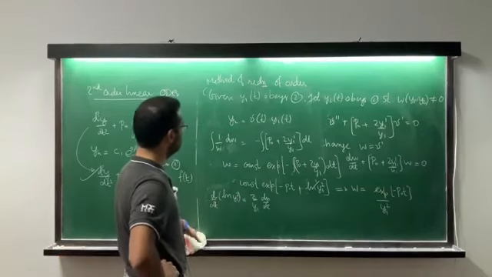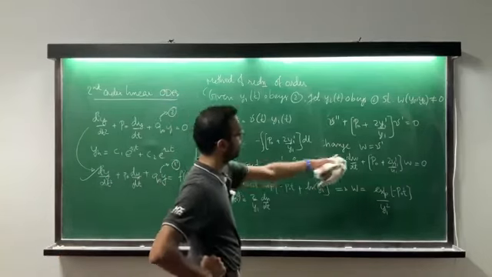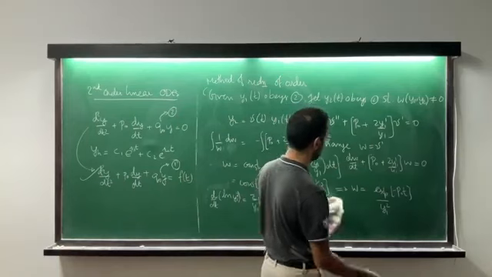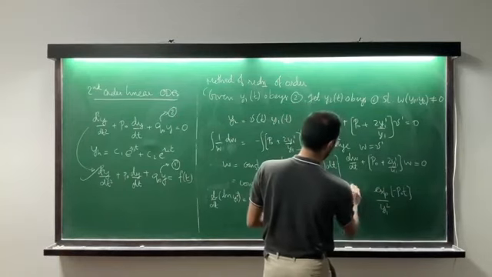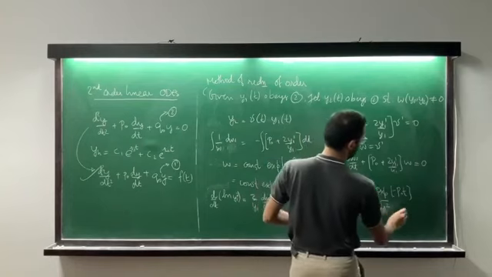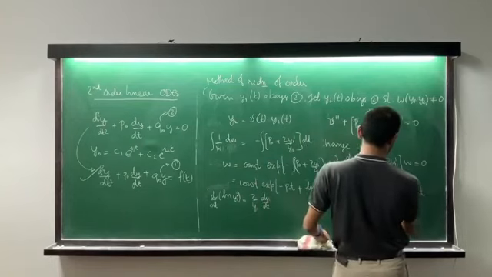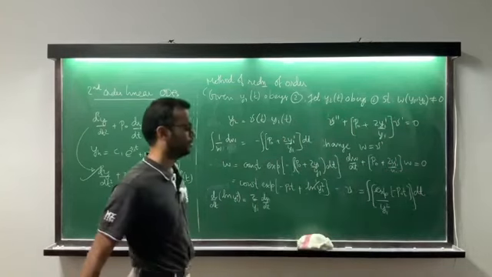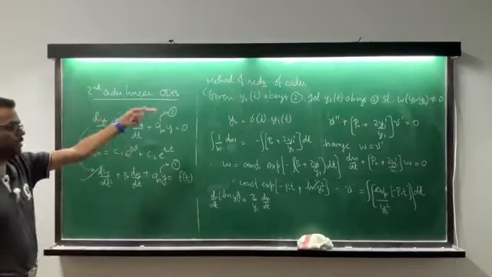So I have w. I know that w is nu prime, so I can just replace this with nu prime. And so all I have to do now to get nu is to integrate this dt. Okay, so that's the method of reduction of order.